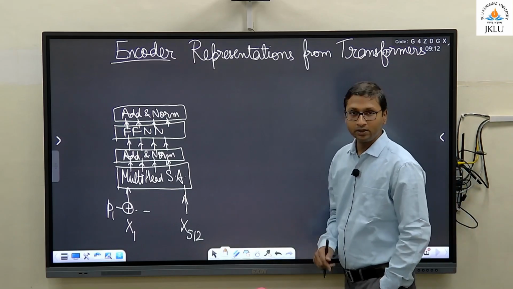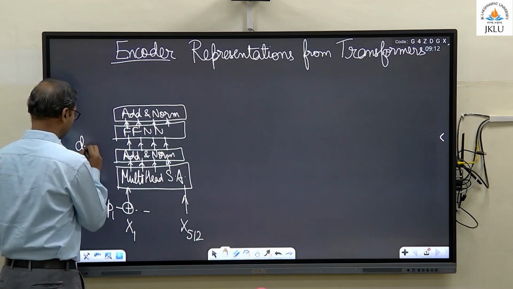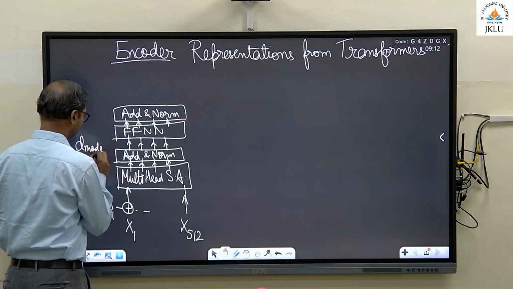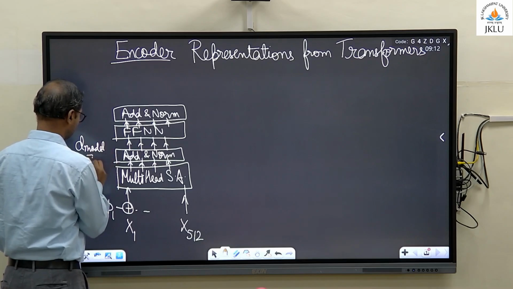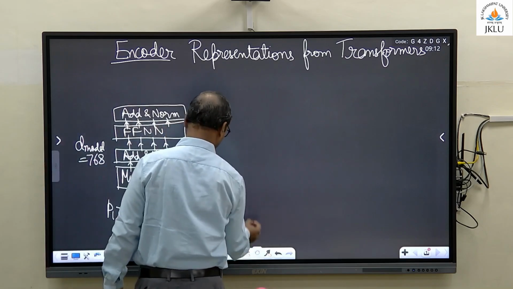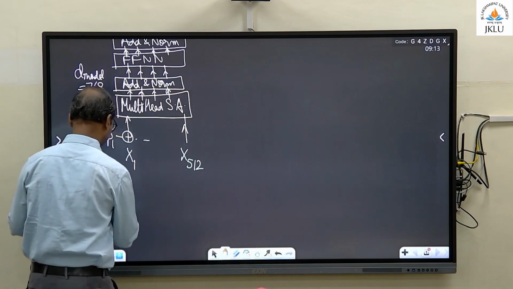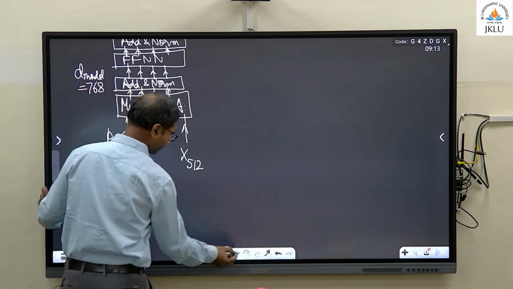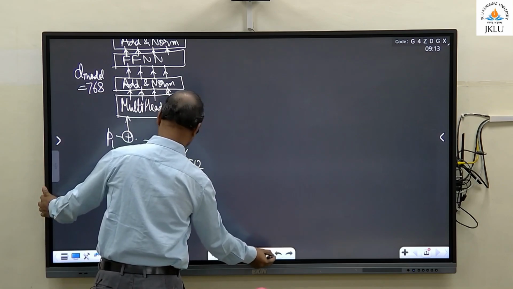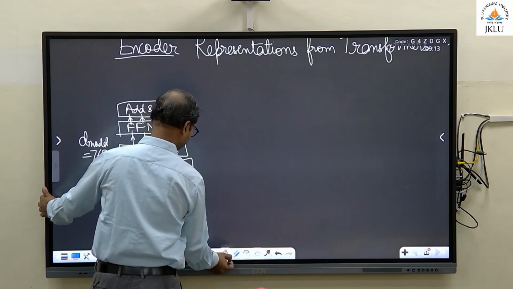What is D model? So D model is 768 for BERT base.